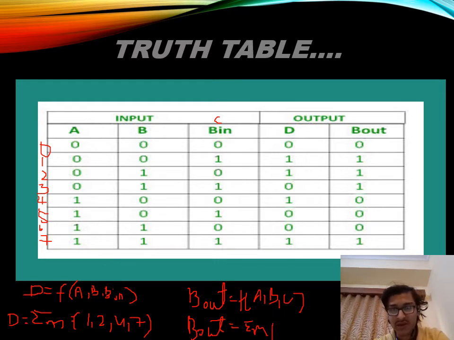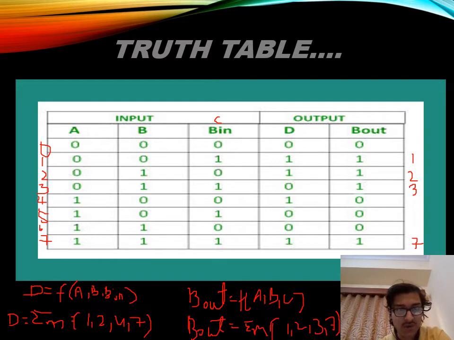Borrow is high for 1, for 2, for 3 and for 7. For everyone else it is 0, 0, 0 and 0. So we'll get minterms 1, 2, 3, 7. Now we can write it here.